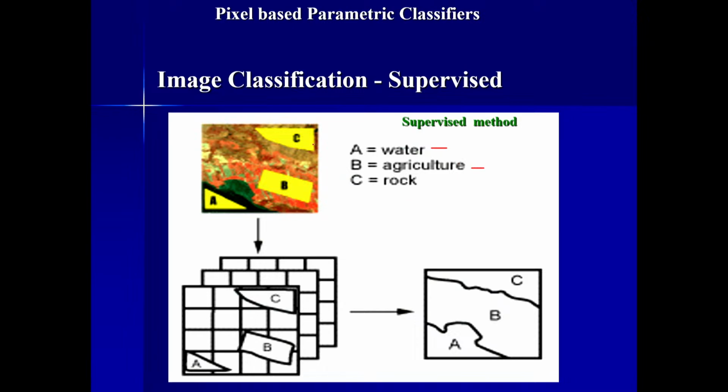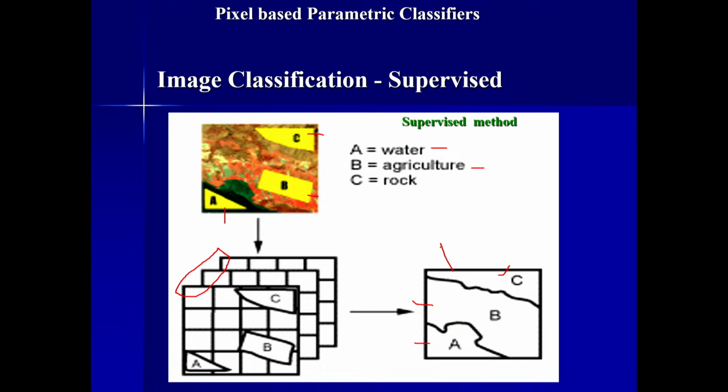You are taking a few samples for each class, that is A, B, and C. Here you have a 3 band input image, and on that you are applying the samples A, B, and C. Once you apply the supervised algorithm, you get the output, and in the output you can see there are labels, label A, label B, and label C.